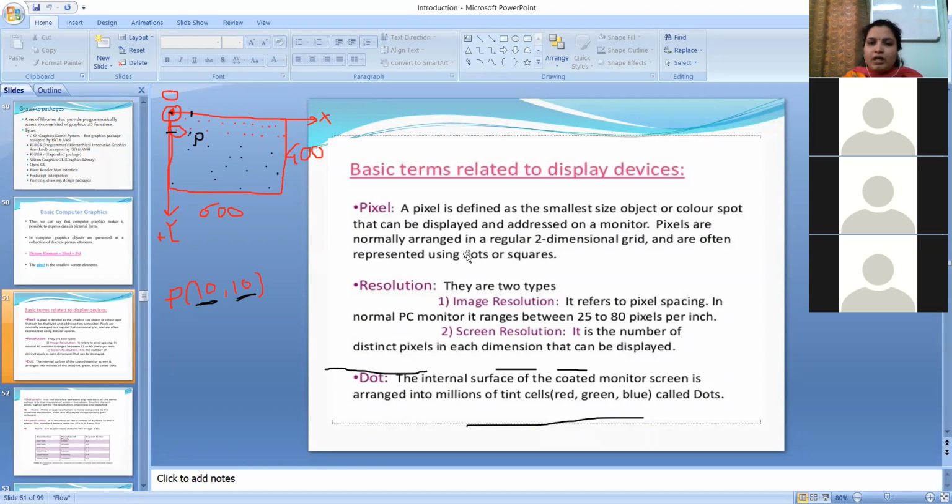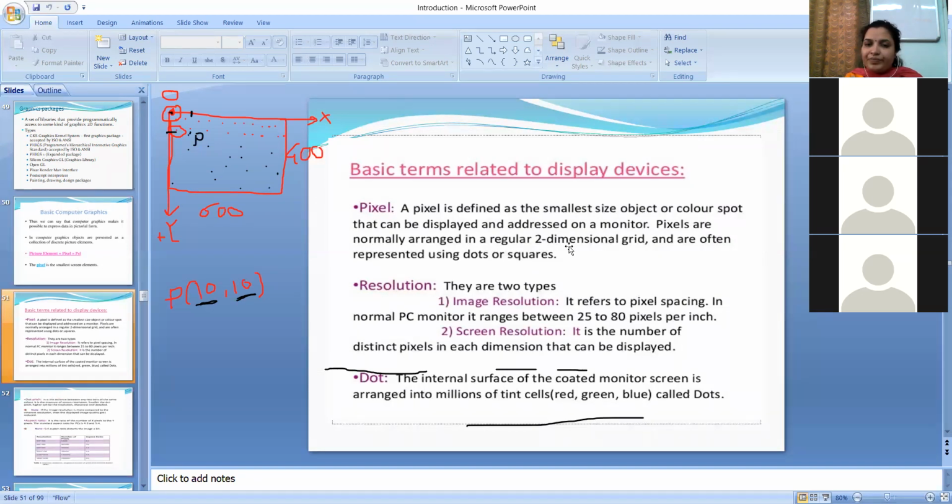Pixels are normally arranged in a two-dimensional grid and are often represented using dots or squares. A two-dimensional grid means what? It has X and Y values, and these are the two dimensions of a pixel. It has an X coordinate and a Y coordinate.